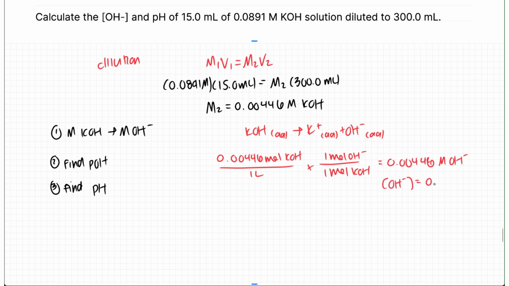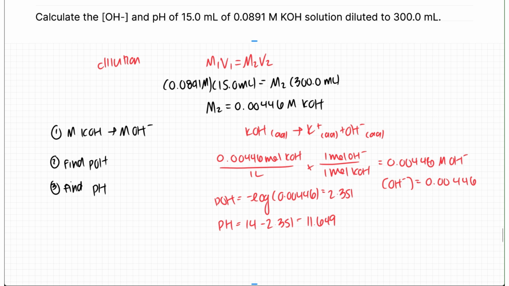And we can take this concentration of OH- to use in the pOH equation. pOH equals negative log of the concentration of OH- to have a value of 2.351. And for the pH, we'll subtract the pOH from 14 to have a value of 11.649.